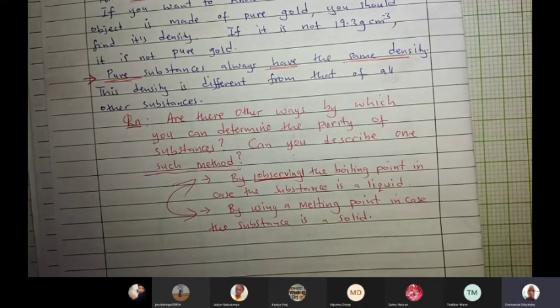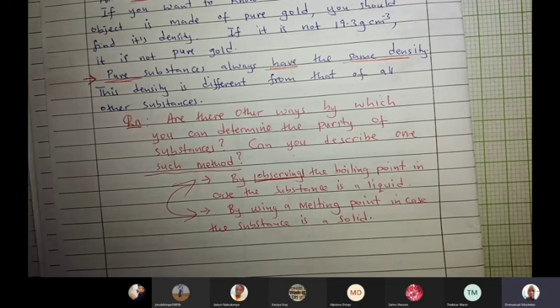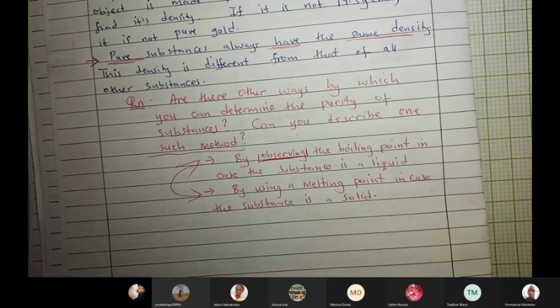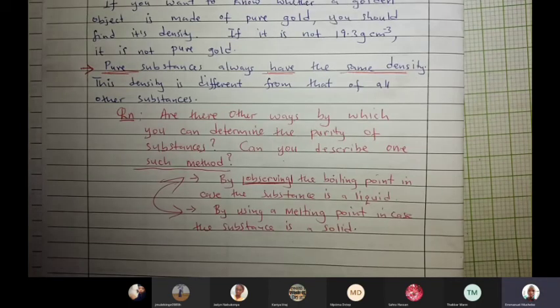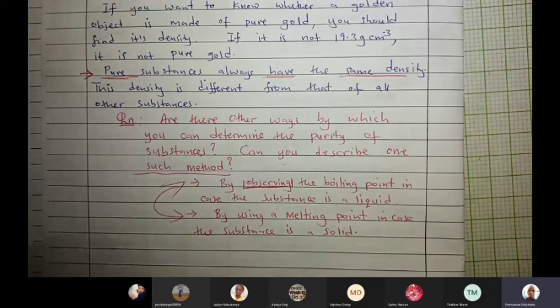So mostly here we have to know how to determine purity of different substances. I think in this work here we have mentioned even 3 of them. You can just measure the density of that substance to prove whether it is pure or not.